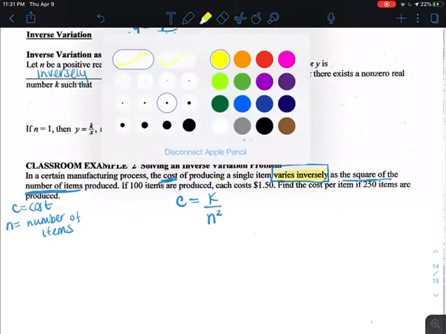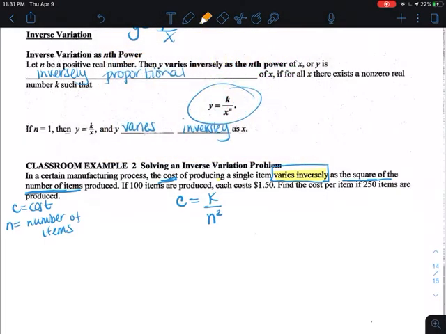The next step is to solve for K. So going to my next sentence, it says if 100 items are produced, each costs $1.50. So with that information, I should be able to solve for K. So the cost is $1.50. I don't know K, but I know the N value is 100, and we have to square the N value.